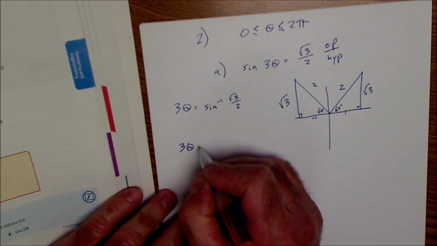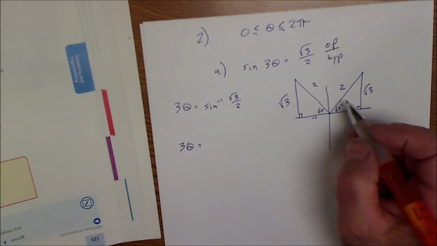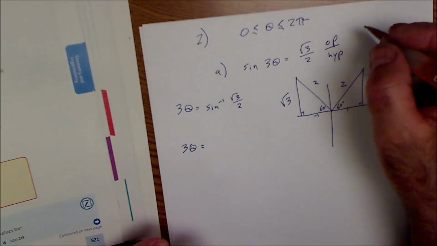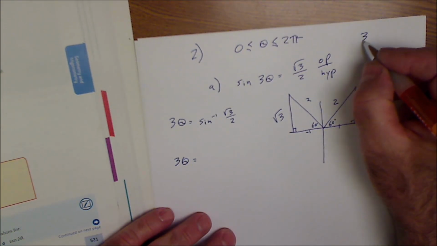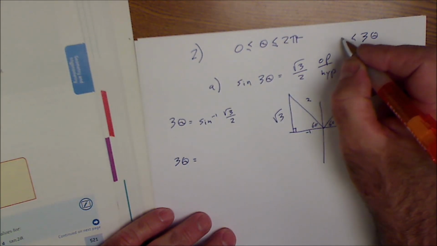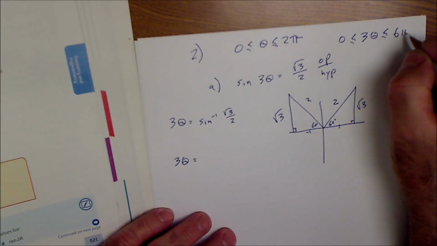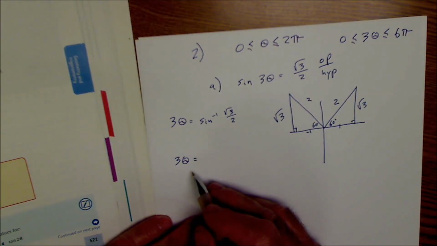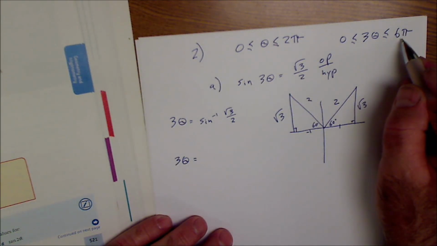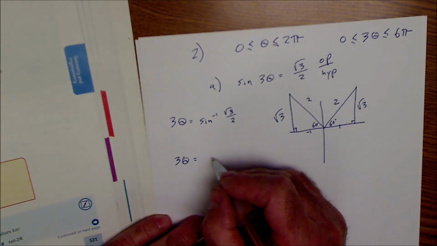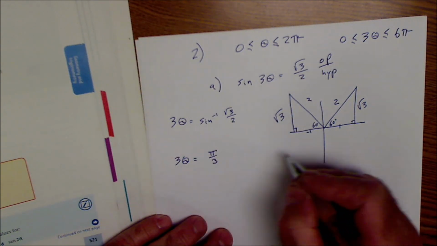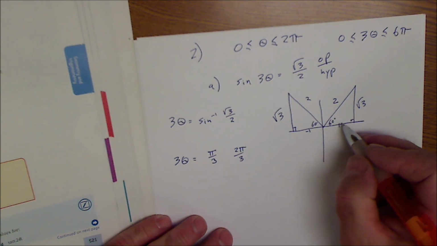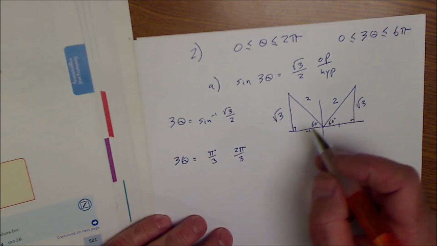3 theta is going to equal, well, if theta is between 0 and 2 pi, 3 theta is going to be between 0 and 6 pi. So my solutions within this window for 3 theta between 0 and 6 pi would be pi over 3, 2 pi over 3, and then 2 pi plus pi over 3.